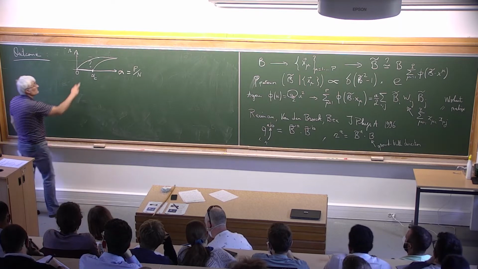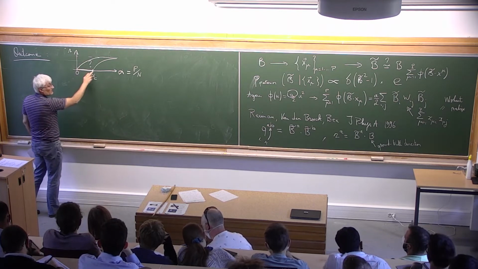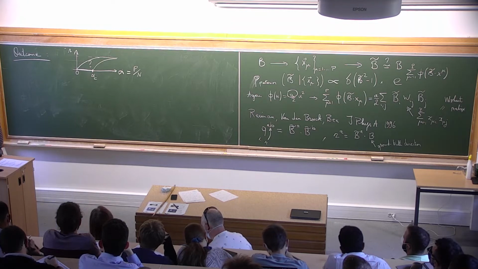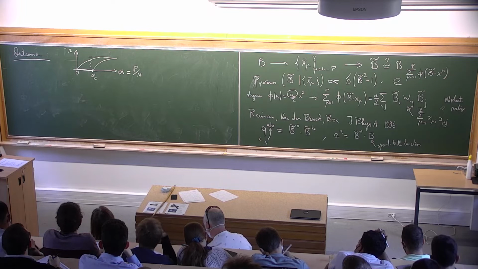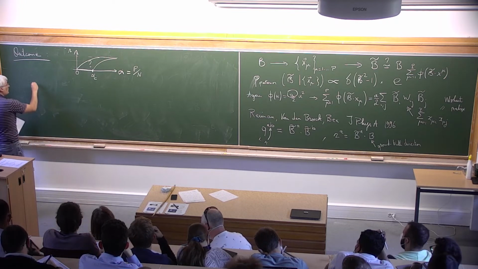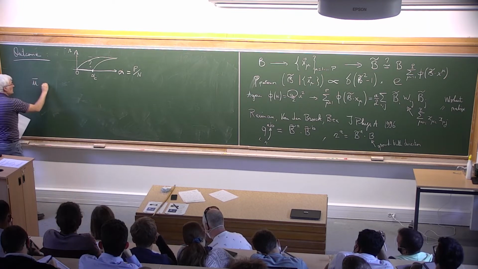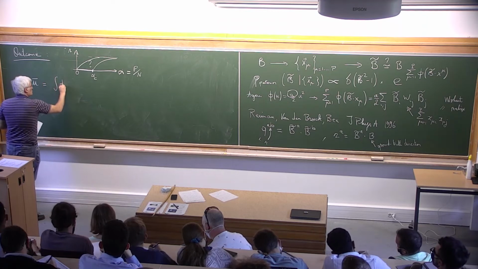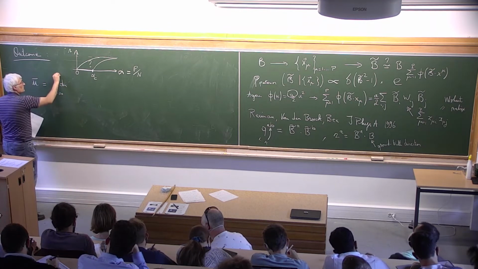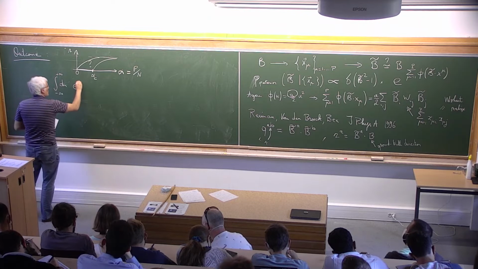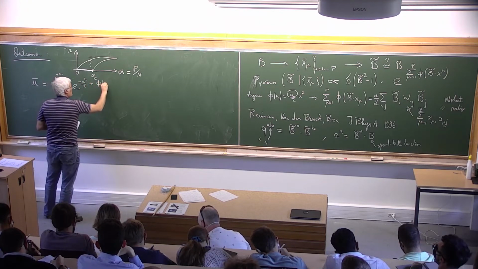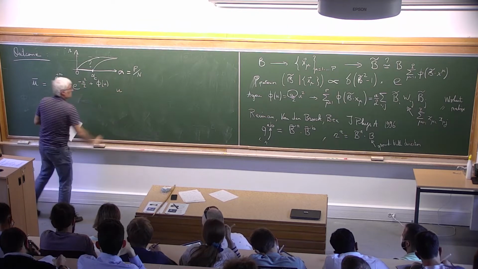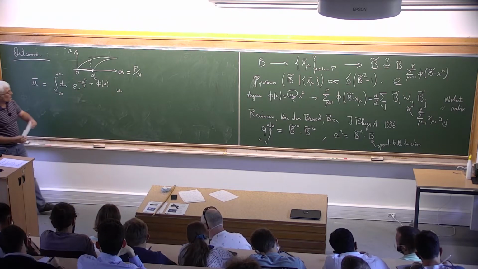So how do we decide whether we are in this scenario or that scenario? What is very important, and pops out from the replica calculation, is that it depends very much on this quantity, which I call U bar, which is the integral over U from minus infinity to plus infinity of exponential of minus U squared over 2, times phi of U times U. It's some kind of average value of U with this measure.